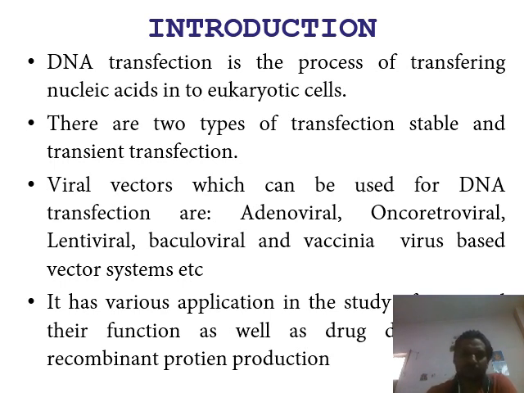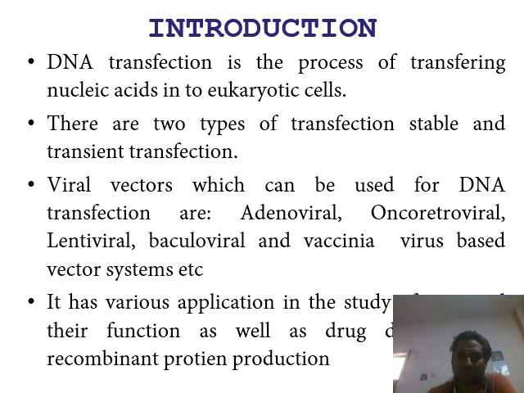In stable transfection, what happens? Whatever DNA we are going to introduce into the cells, that DNA gets integrated into the genome of those particular cells. So in this way, it can be transferred to the next generation.